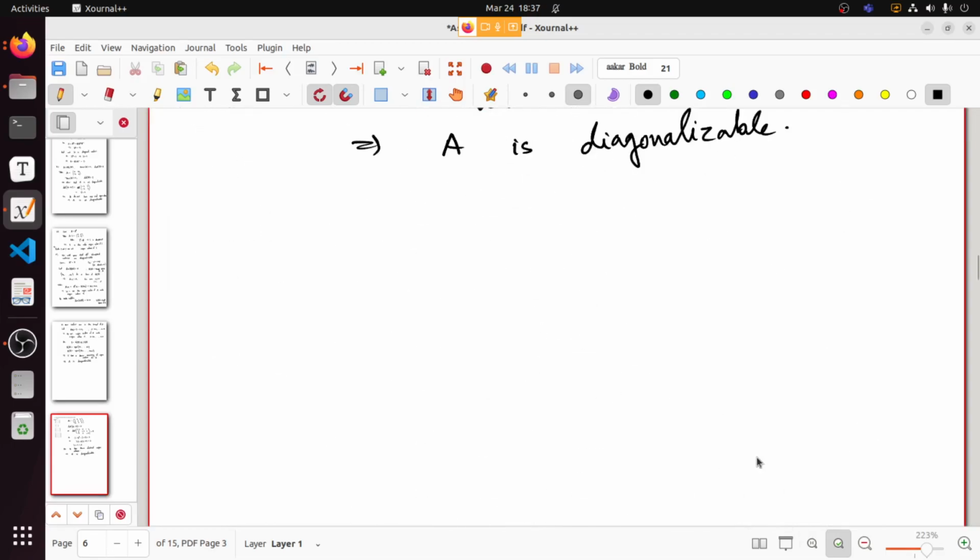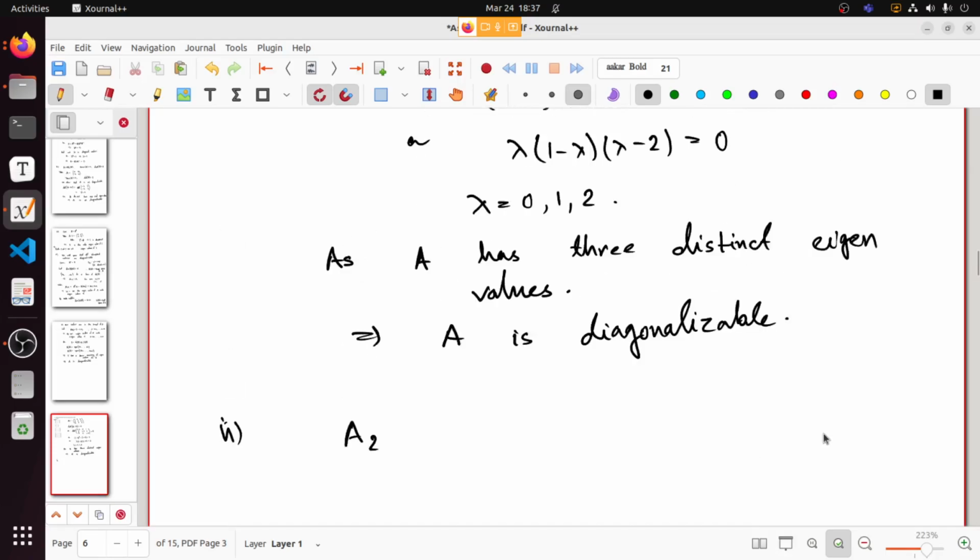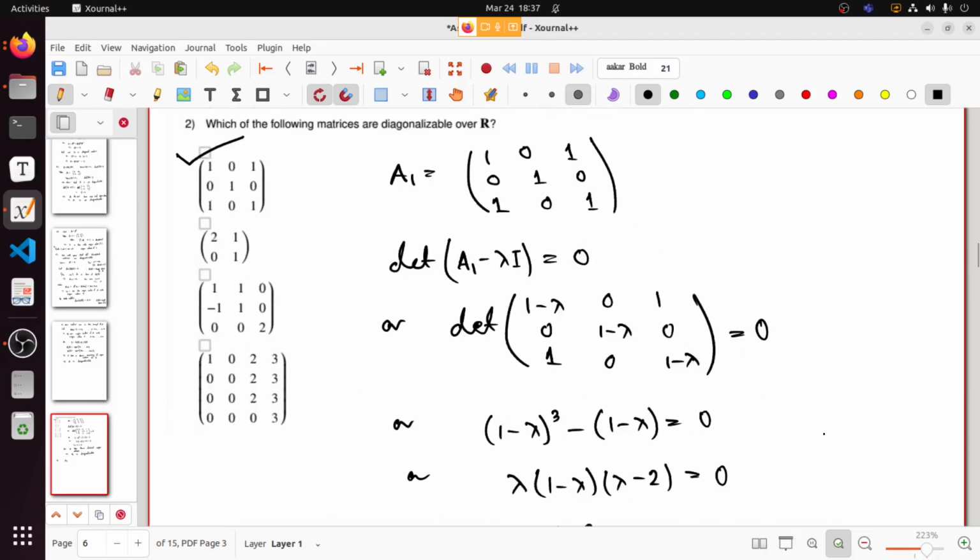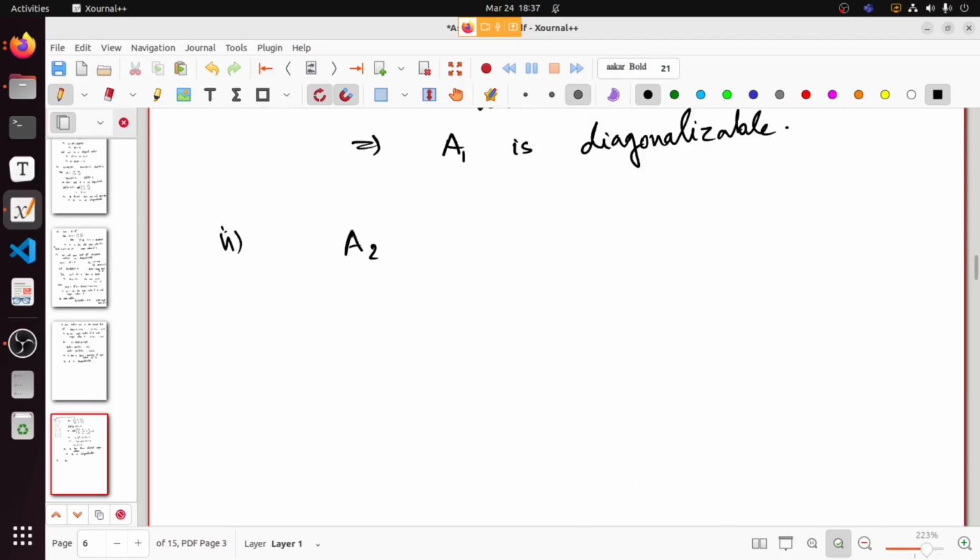So this is A1 and this is A2. A2 is 2 1, 0 1. This is an upper triangular matrix, so it has the eigenvalues 2 and 1, which are the diagonal entries, right?